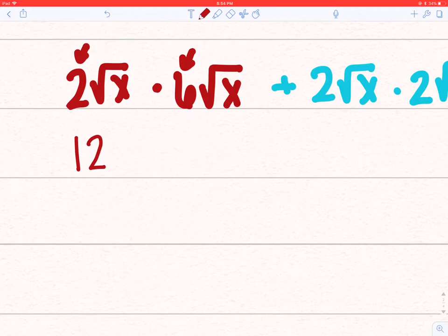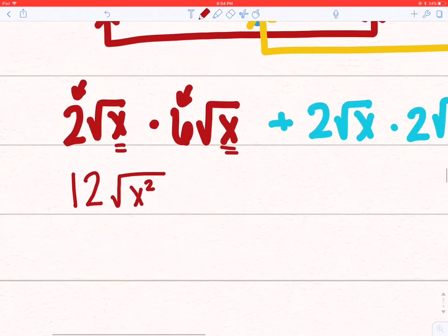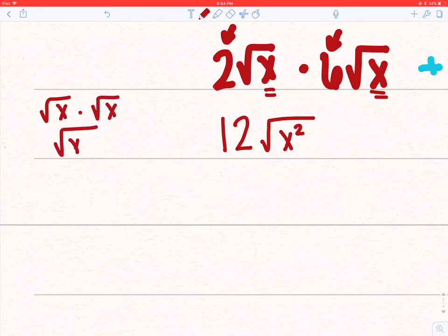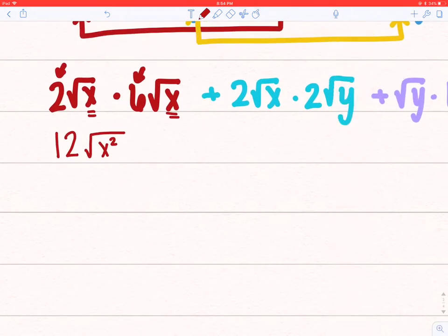And I have a property that says if I have 2 things under a radical, I can stick them together under one radical. So then I'll have x times x, which gives me x squared. So the little step in the middle said the square root of x times the square root of x, I could put them under one house and give me the square root of x squared. I'm going to simplify later.